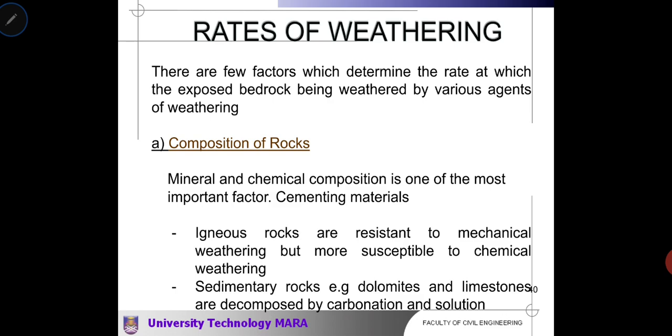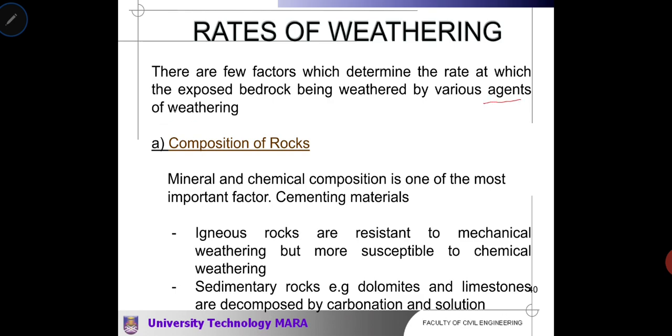So next you can ask a question. If we have the whole thing as rock, and then we have weathering grades, the question is how this weathering process actually happens in the actual case. So we need to know about the rates of weathering. Is it very fast or very slow? There are a few factors which determine the rate at which the exposed bedrock is weathered by various agents of weathering.